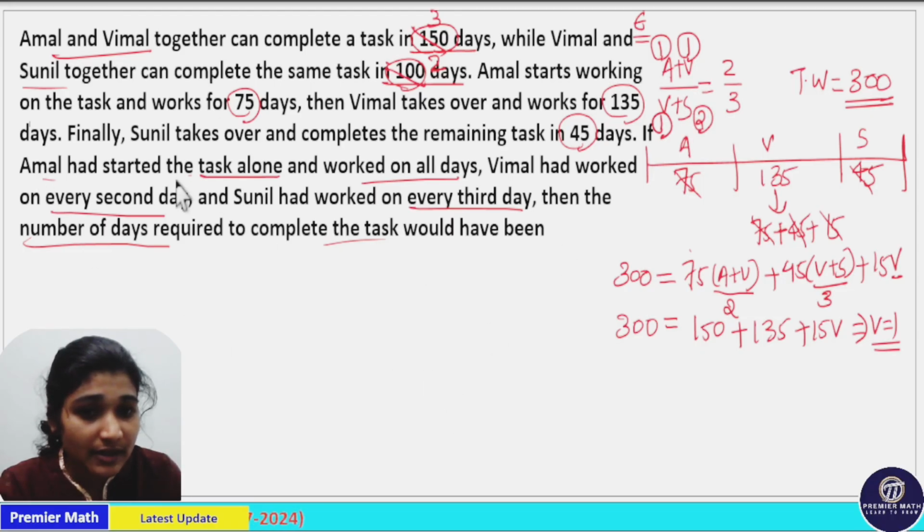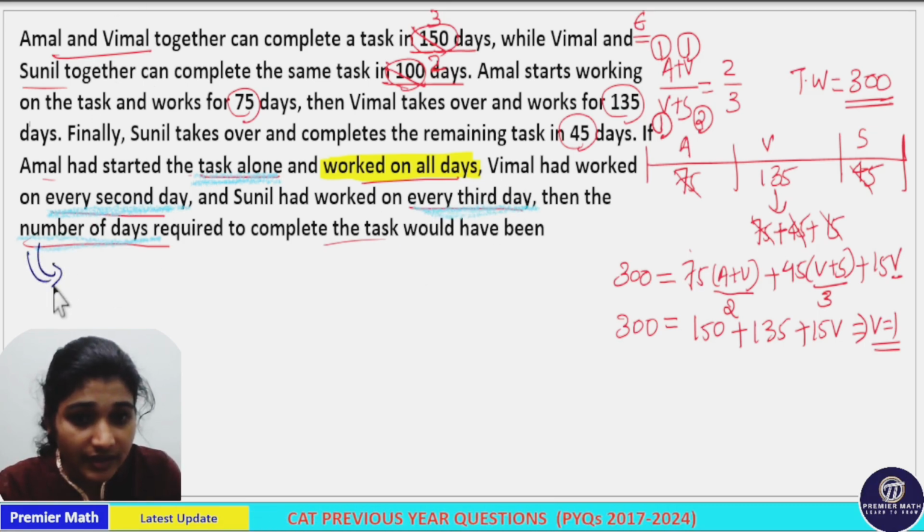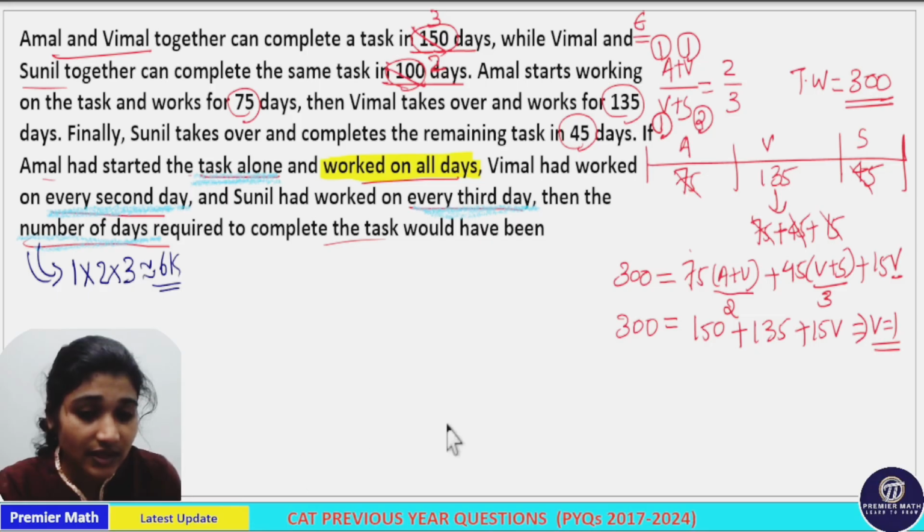Here, the question says, if Amal started the work alone and worked on all days, Vimal worked on every second day, and Sunil worked on every third day, the number of days must be a multiple of 6, so the total number of days can be taken as 6k days.